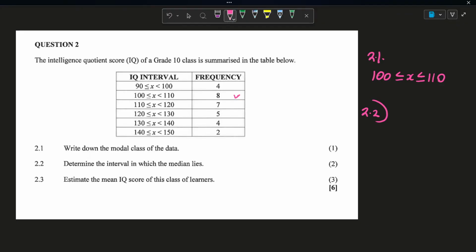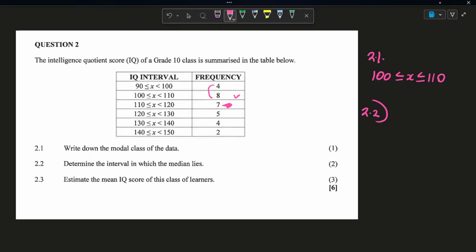So I'm going to check the position. The first one is 4 plus 8, which is 12. 12 plus 7, I get 19, which means that inside here, there is the median.